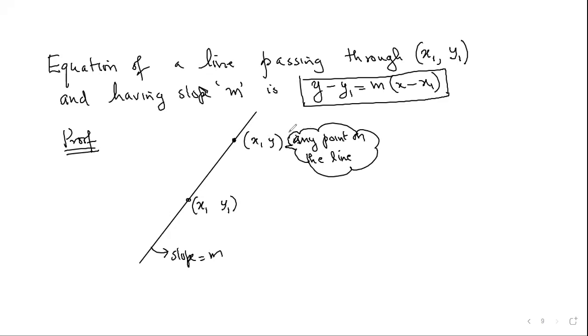Any point on the line. Now name this as P, and this as A. A is the given point. Then write slope of AP: y minus y1 upon x minus x1.